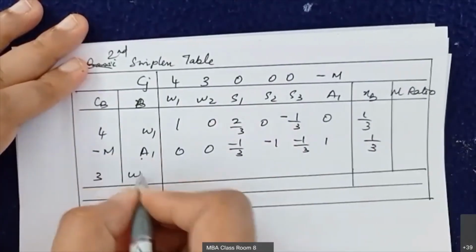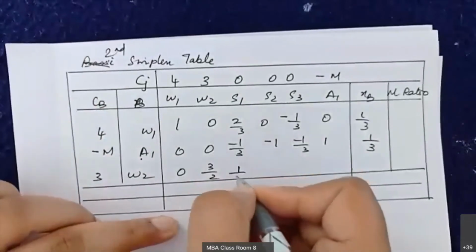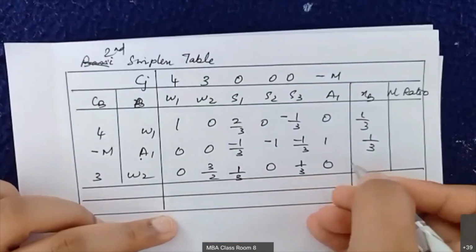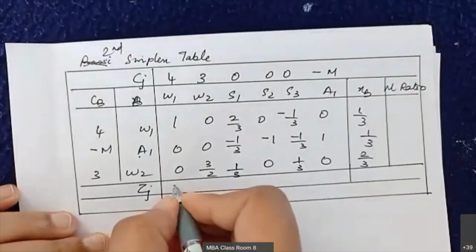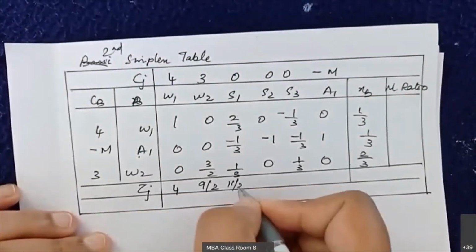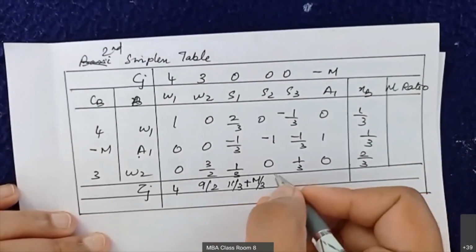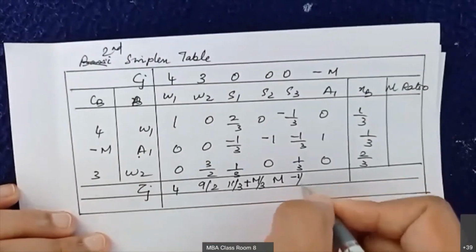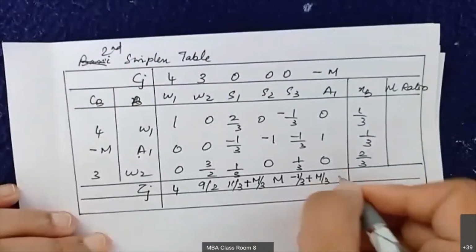Here I have 3, W2, 0, 3 by 2, 1 by 3, 0, 1 by 3, 0, and 2 by 3. Then you will calculate the values of Zj. Zj values are 4, 9 divided by 2, 11 by 3 plus m by 3. Over here I have m. Over here I have minus 1 by 3 plus m by 3. In this one I have 0.